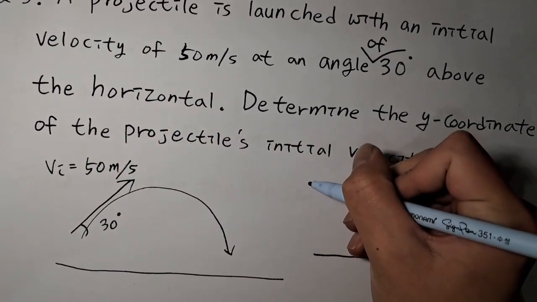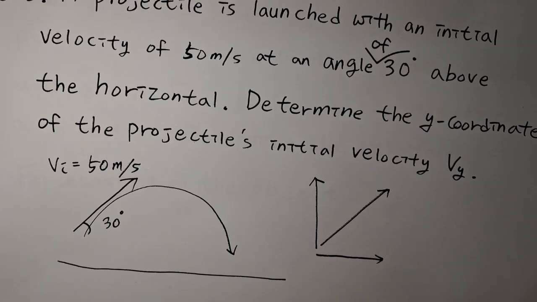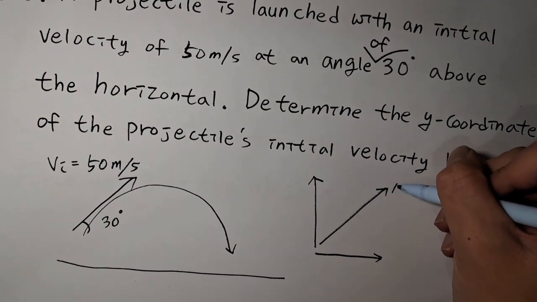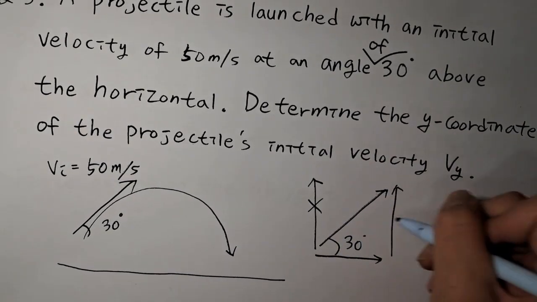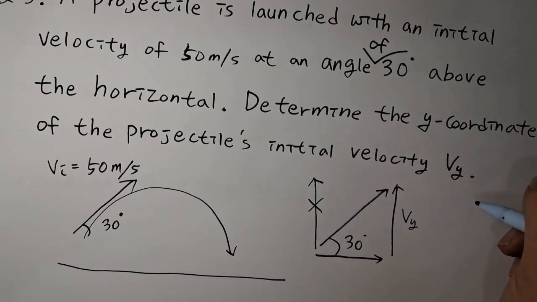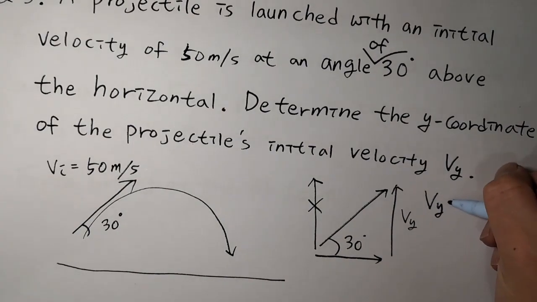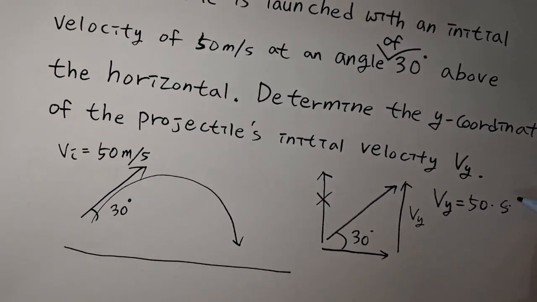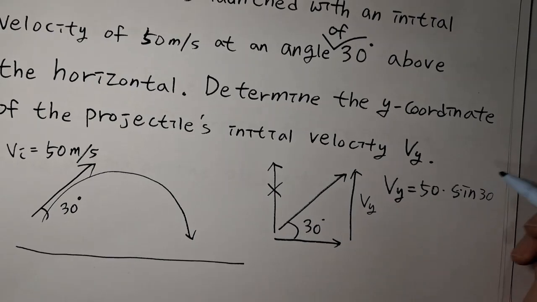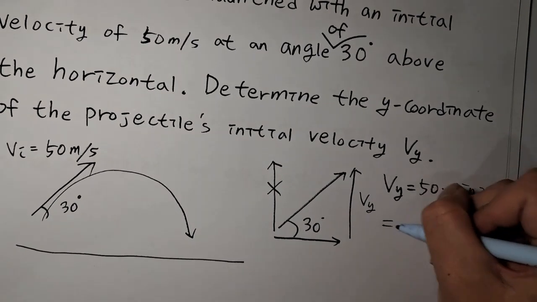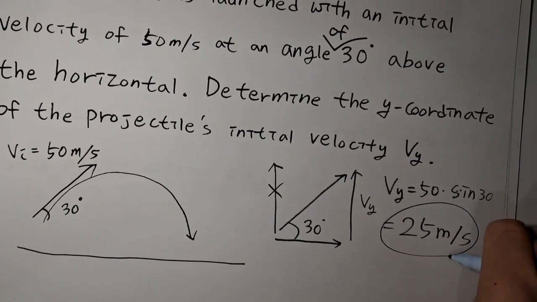So we can make this first diagram. So 25 meters per second is the answer.